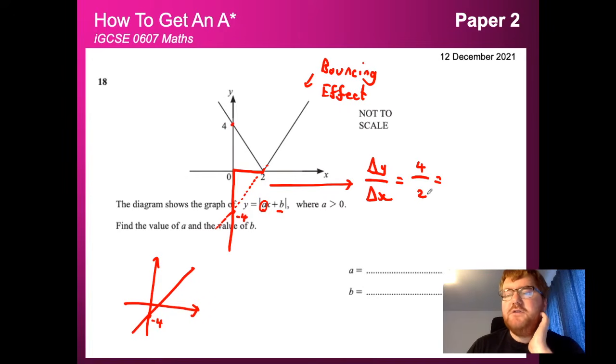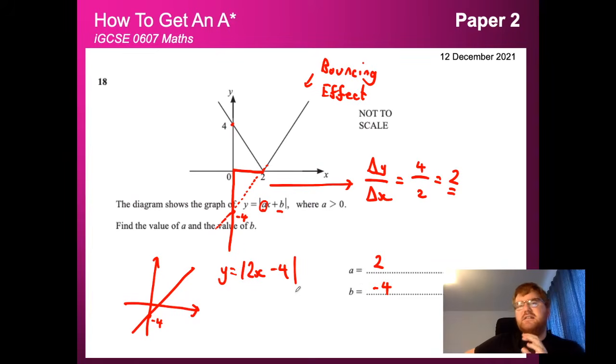And so we get 4 divided by 2 is equal to 2. Now notice it is a positive 2 because the gradient of this line is going in the positive direction. So the answer to this is going to be a equals 2, our gradient, and then the y-intercept, which is minus 4. So in fact, this is the function, the modulus of 2x minus 4.